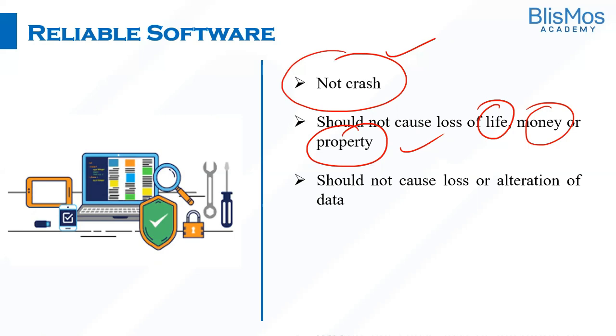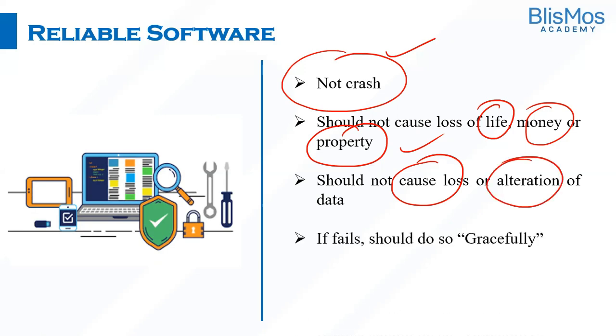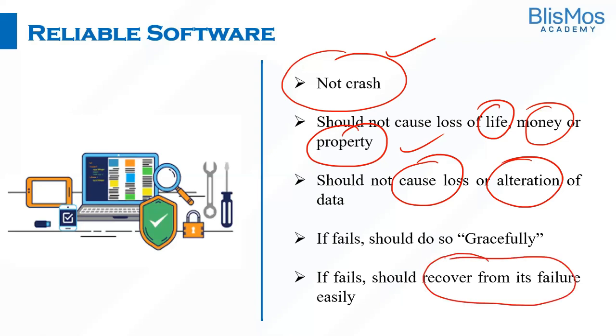The software should not cause loss or alteration of the data. In case the software fails, it should fail gracefully. Gracefully means by popping up some message. Sometimes software is bound to fail. In case it fails, we should recover easily so that the user will not face a problem.